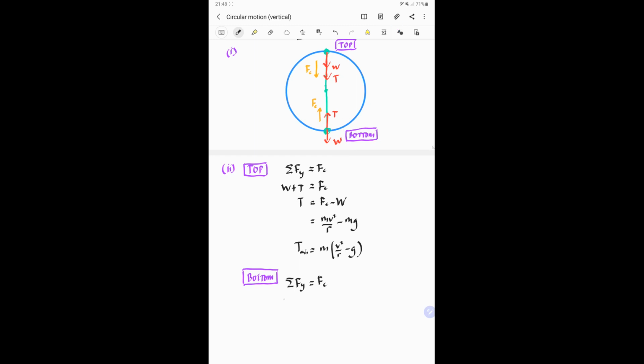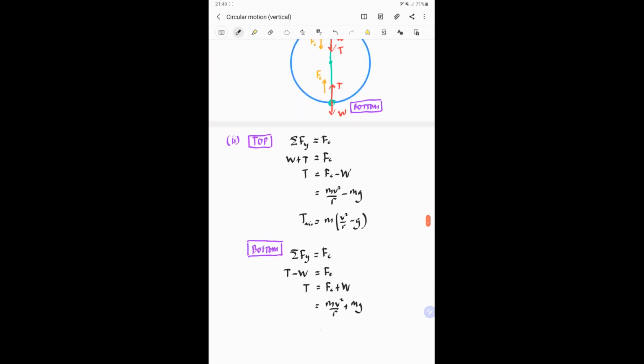So T minus W equals Fc, so that T equals Fc plus W, which is mv squared over r plus mg, or we may simplify it to be m multiplied by v squared over r plus g.